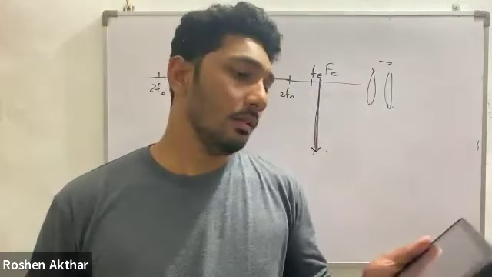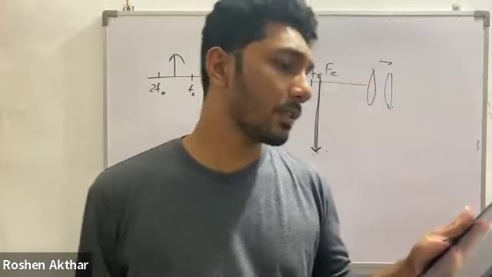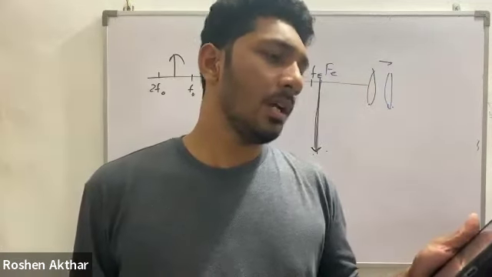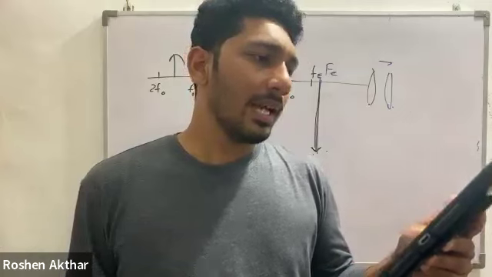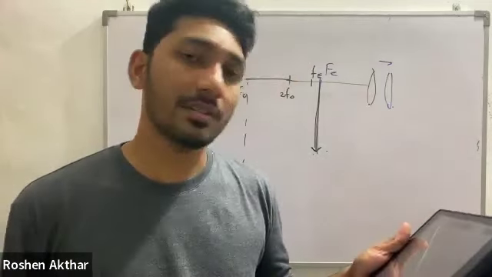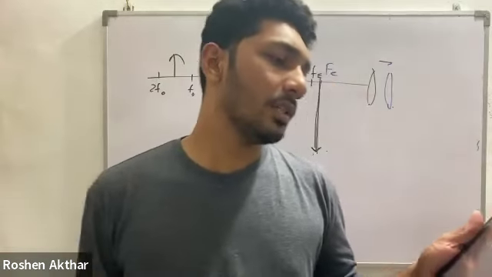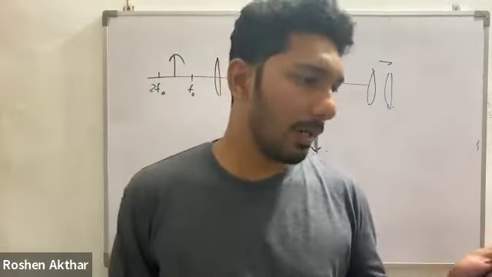Okay, 12th one. An object of mass 10 kg moves along the curved smooth path AB from A at rest and then moves along the horizontal rough path BD. It's rough, so there will be friction there, as shown in the figure. The coefficient of dynamic friction between the object and the floor is 0.1.